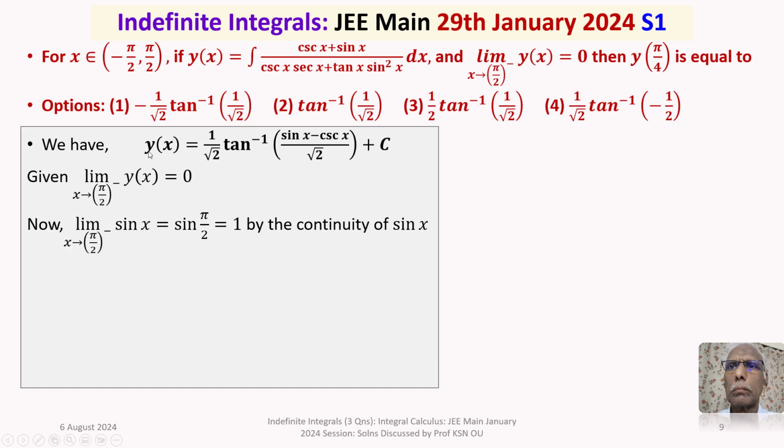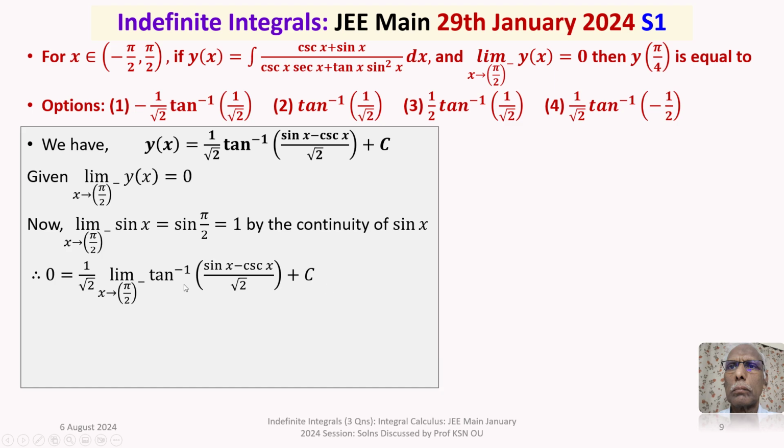So now take the limit as x tends to pi by 2 from the left for this y of x. It is given that it is 0, so 0 is equal to 1 by root 2 into the limit as x tends to pi by 2 from the left of tan inverse of (sin x minus cosecant x) by root 2, plus c.